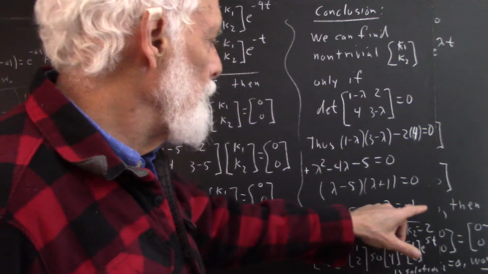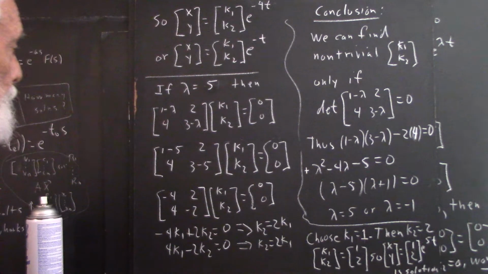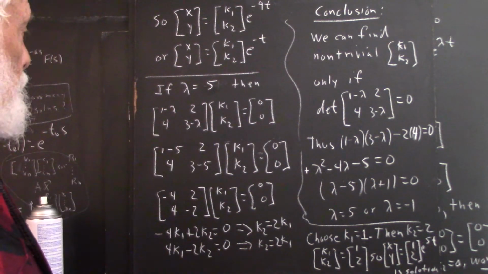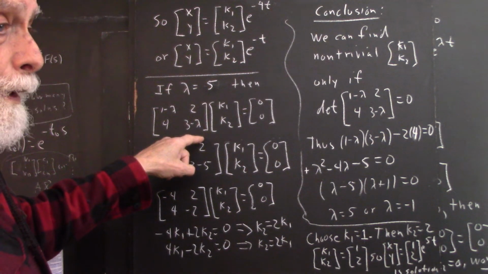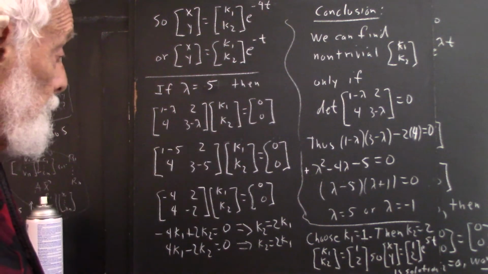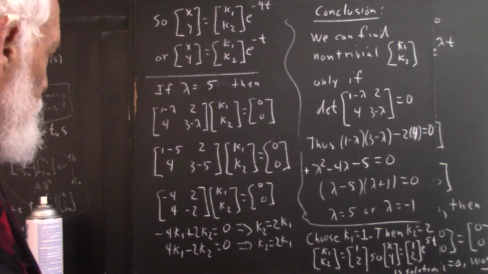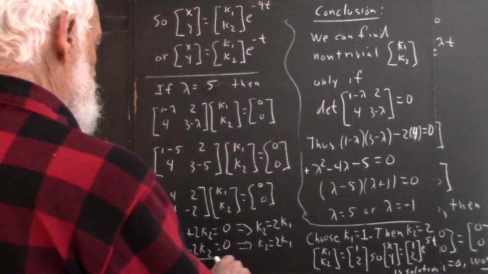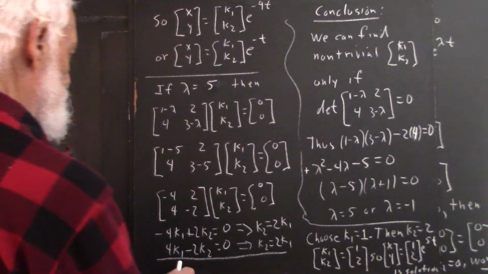If we plug in lambda equals -1 here, we're going to get 2, 2. Okay, and we're going to get 4, 4. This tells us that k1 and k2 are going to be negatives, so that the other solution, which I'll just write down here, I kind of leave it to you to work that out.